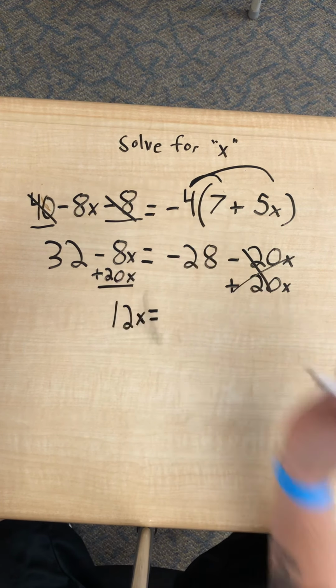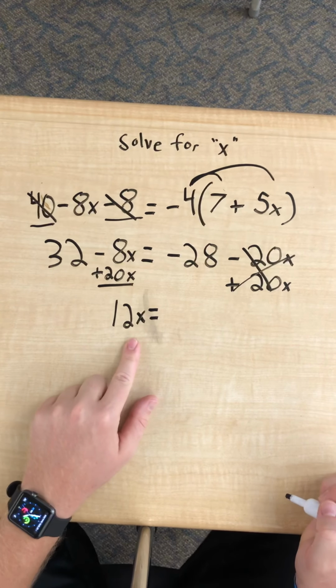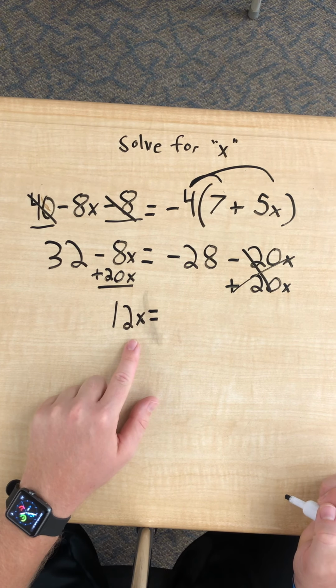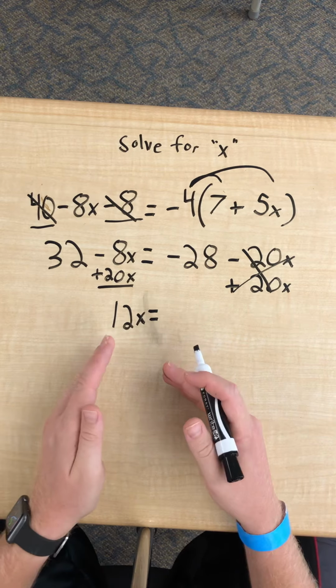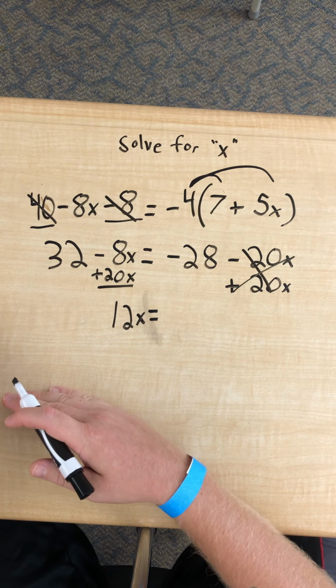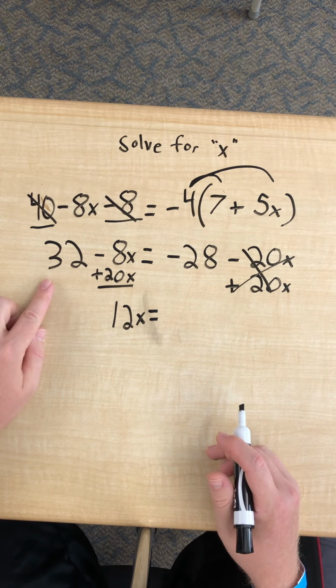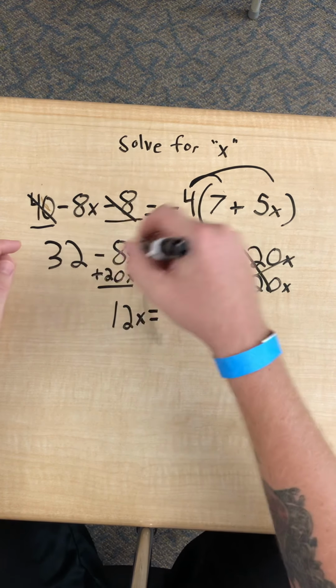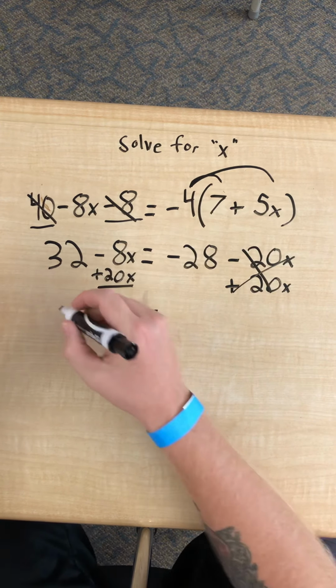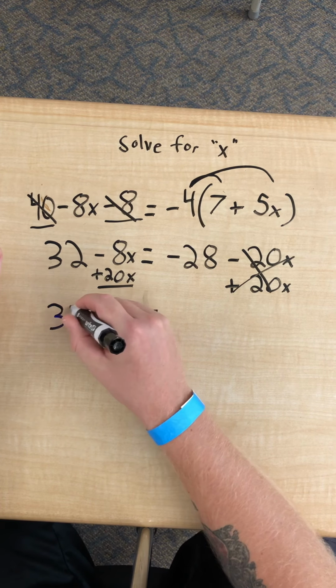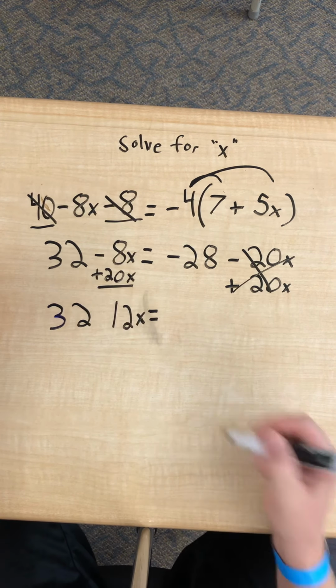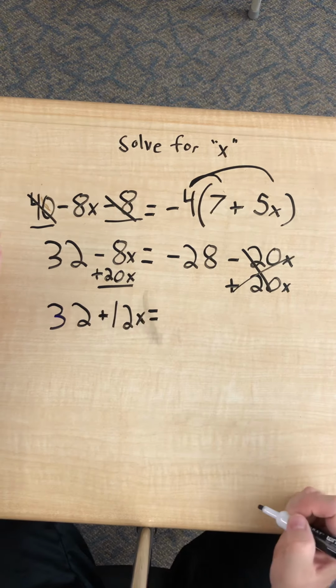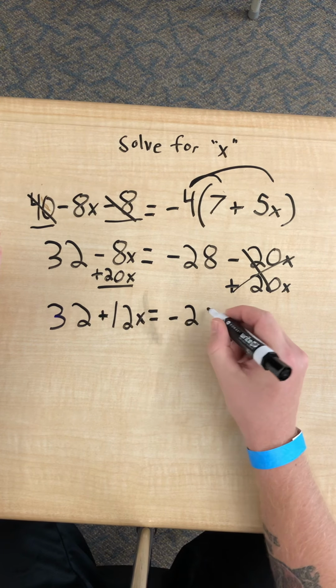Okay, boom. So just like that, my variables are on the left. So now if I chose to have my variables on the left side, my numbers have to go on the right. So this is where you guys can just immediately move over that 32, but I'm going to do it step by step algebraically. So I'm going to drop down that 32. That's a +12x equals -28.